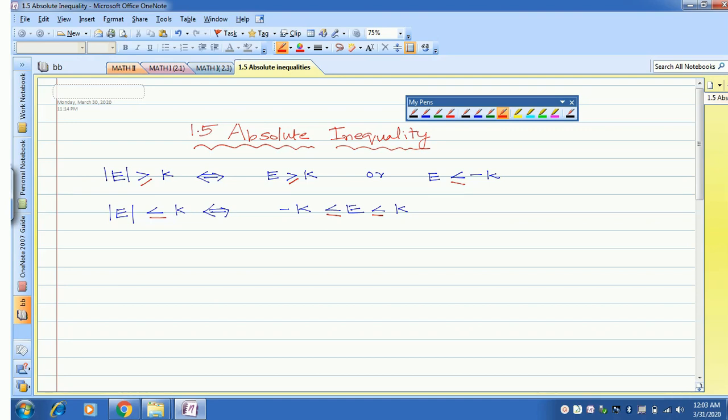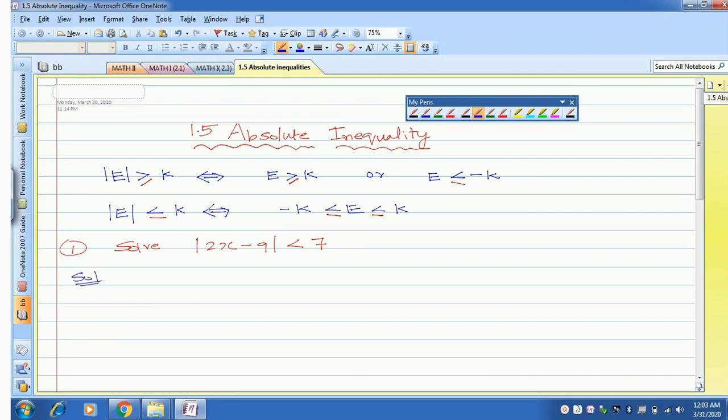So what is the first one? Solve the inequality: absolute value of 2x minus 9 is less than 7. How will you solve this one? First, which rule do we have to apply, the first one or the second one?